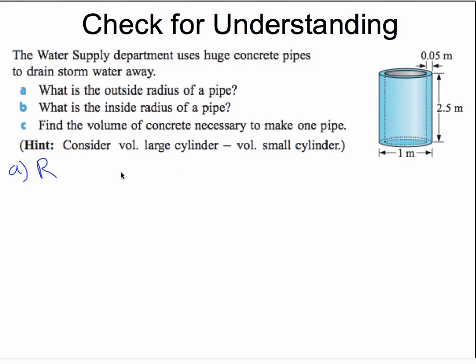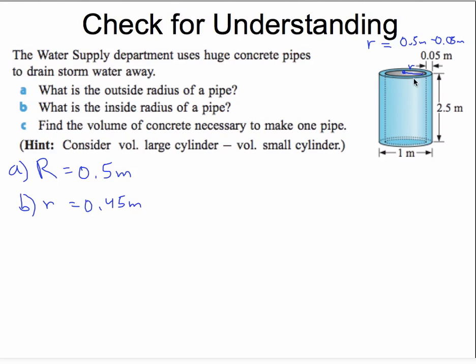Let's keep it in meters, because half of this distance is 0.5. Now, if this is 0.05, then this distance is going to be 0.5 meters minus 0.05 meters. So that little r, that little radius, is going to be 0.45 meters.